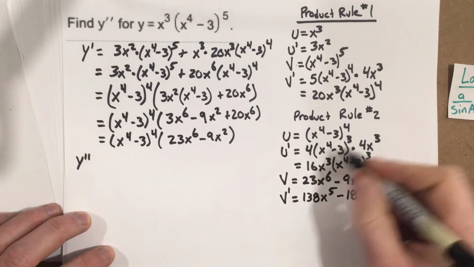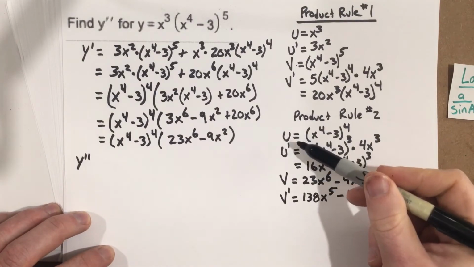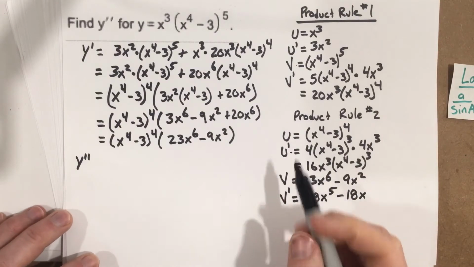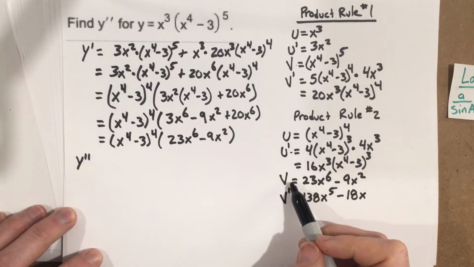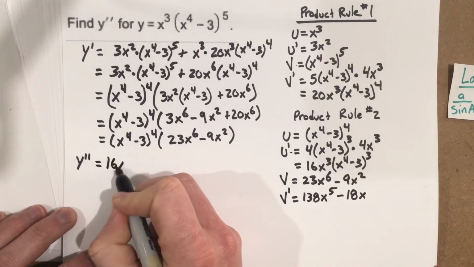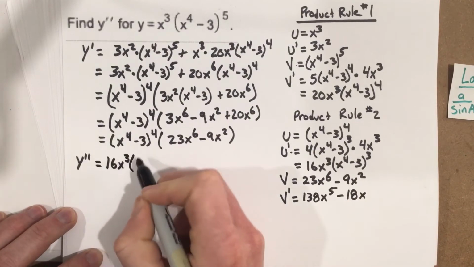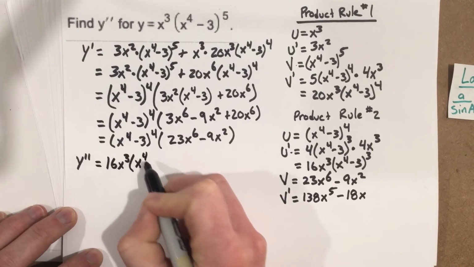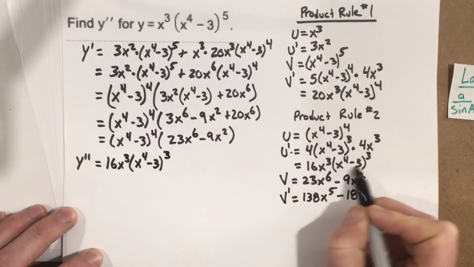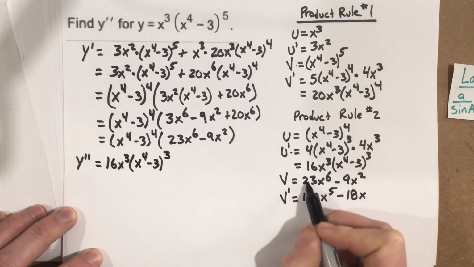Okay, so our product rule set up here, we've got u prime, v, and v prime. So now we can do just like we did in the first problem. Let's start with u prime and v. So this is equal to 16x cubed times (x to the 4th minus 3) cubed, this part here, and we're going to multiply that times this v part.